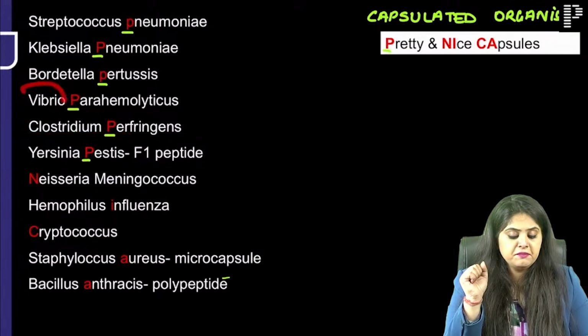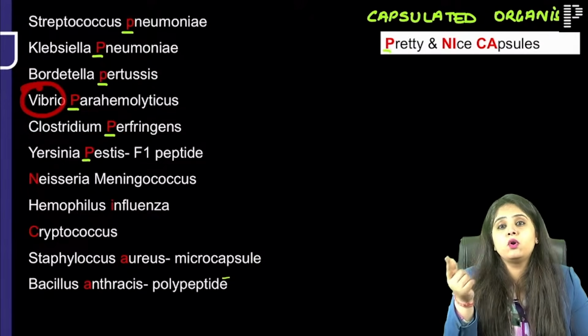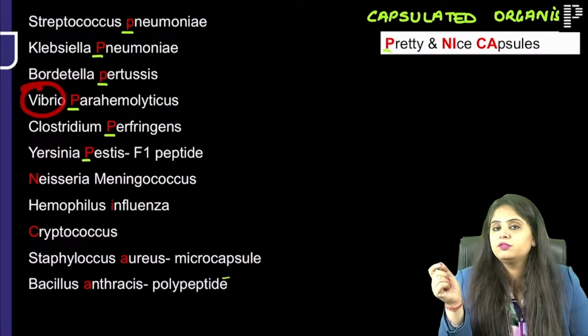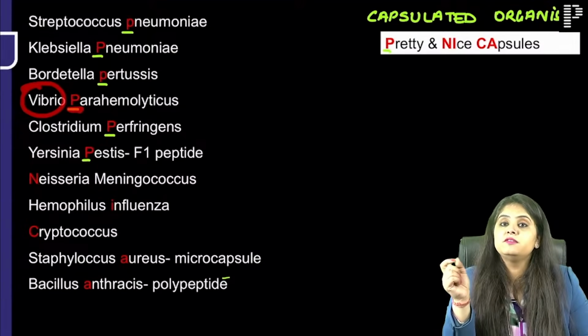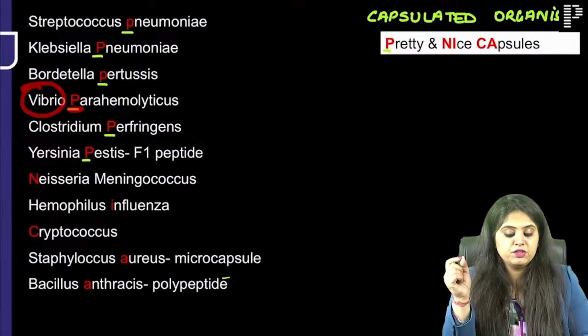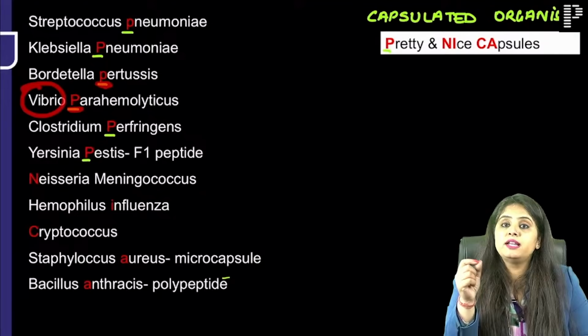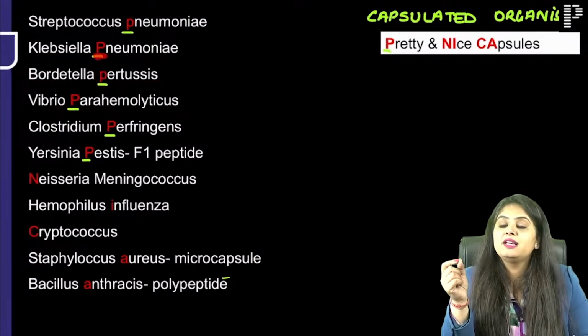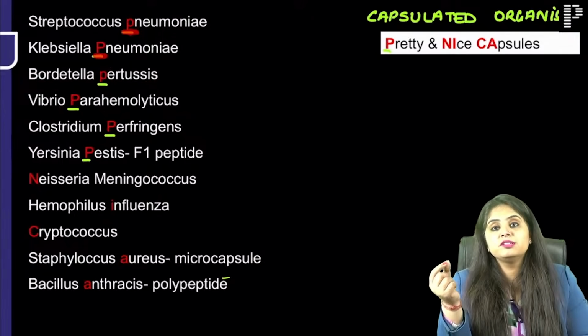Okay. Vibrio. All of you have heard of Vibrio cholerae, which causes cholera, diarrhea. Does Vibrio cholerae have a capsule? No. Which Vibrio has a capsule? Vibrio parahaemolyticus. Which Bordetella has a capsule? Bordetella pertussis, which causes whooping cough. Which Klebsiella has a capsule? Klebsiella pneumoniae. Which Streptococcus has a capsule? Streptococcus pneumoniae.